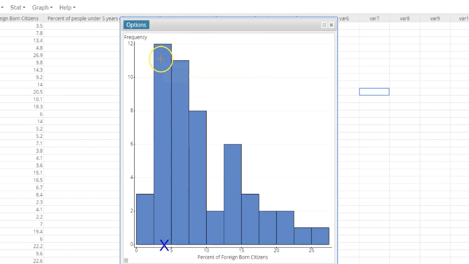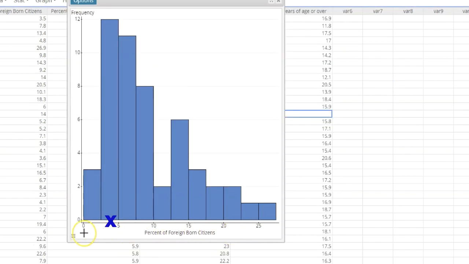In this bar, we can see that the mode was 2.5 to 5%. And that happened in 12 states. Along the x-axis, where the data lies, these are the actual percentages that are found from each state. So we can also see that the bin size isn't marked clearly here, but we can see that from 0 to 5 is 2 bins.